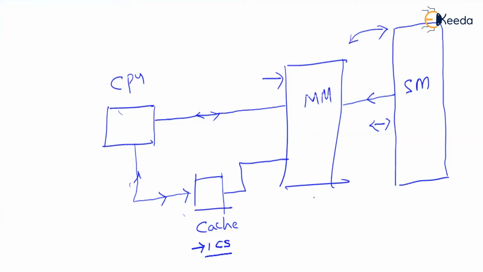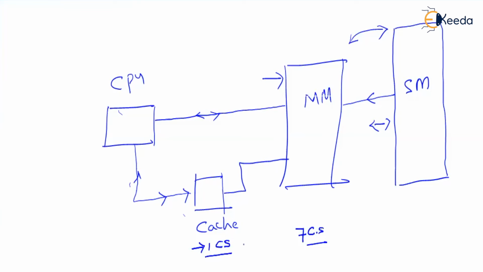So main memory will take 7 clock cycles to locate and get this data element. So the access difference is 1 clock cycle for the cache memory, 7 clock cycles for the main memory. Now you can clearly see when cache doesn't have the data, there will be a miss penalty.